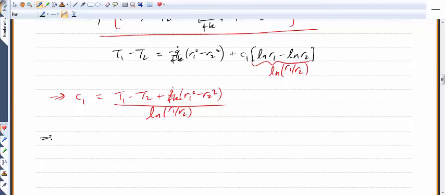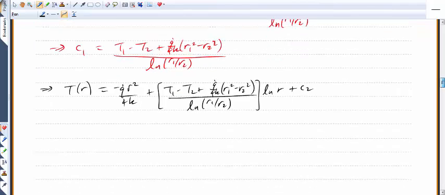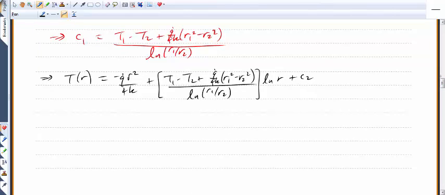So now we can update our solution. T as a function of r is going to be negative q dot r squared over 4k plus T1 minus T2 plus q dot over 4k times r1 squared minus r2 squared over natural log of r1 over r2, times the natural log of r, plus c2. So now we have it down to one unknown, c2.